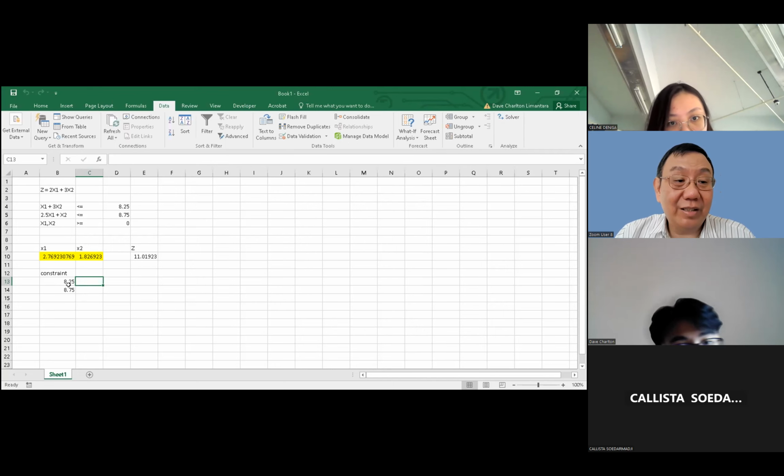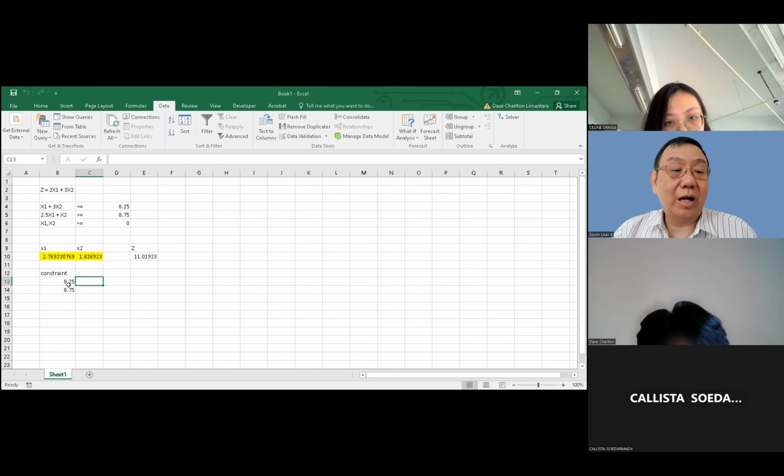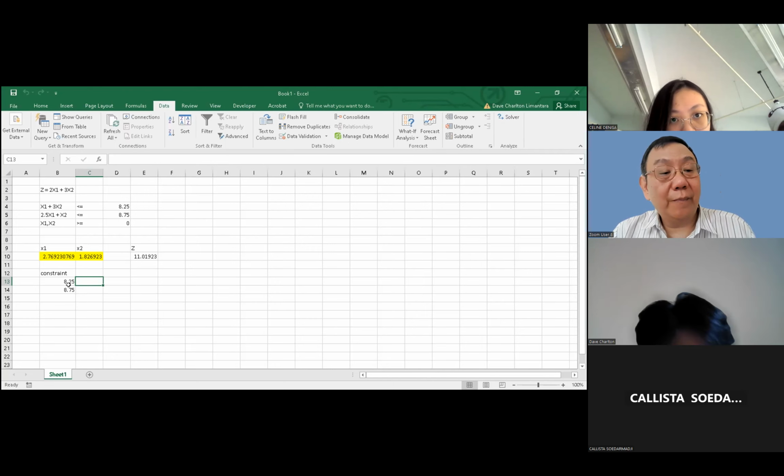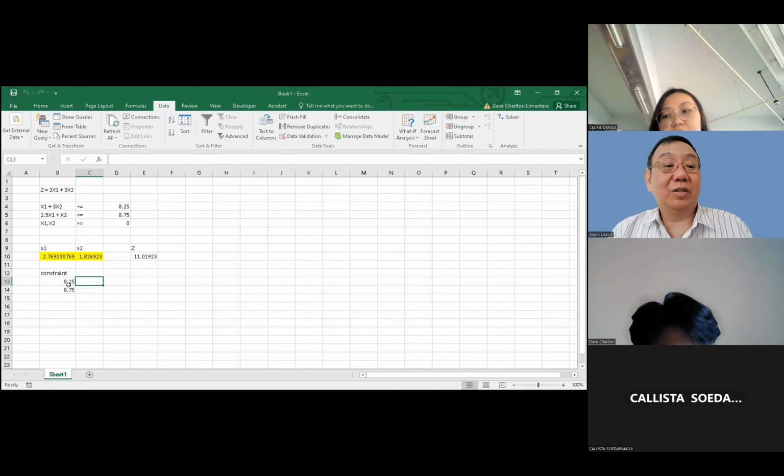So if you see this, yes, 2 point something, 1.7, and then 1.8. Okay, so it's close to the actual one. But the IP will give you 2,2. If you go up, it will give you 3,2, which is not the solution.